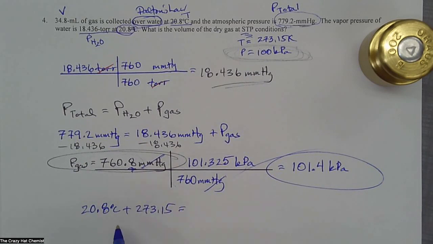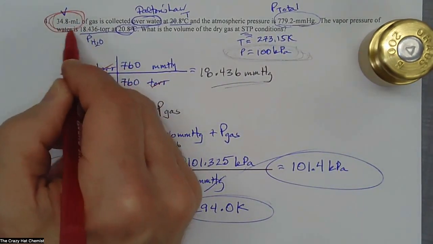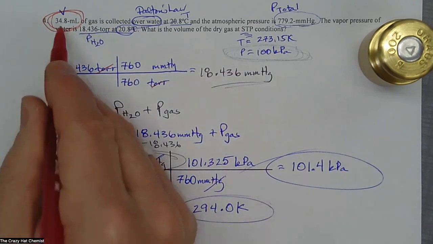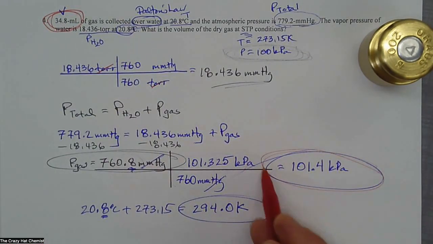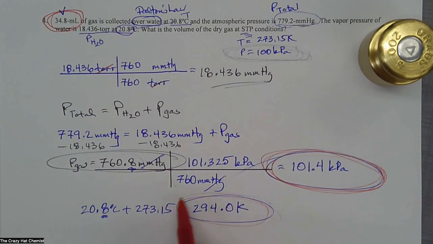I'm going to round it to 1 decimal place, so that's 294.0 Kelvin. That's my other temperature. So now what I have is 34.8 milliliters, that's my volume, my pressure at 101.4 kilopascals, and my temperature at 294.0 Kelvin.